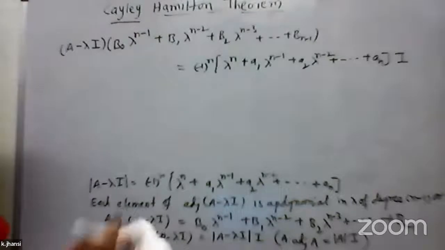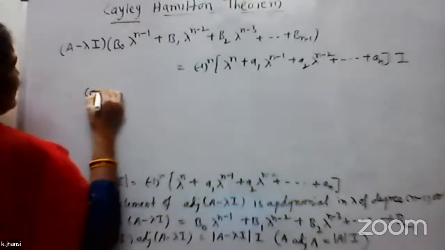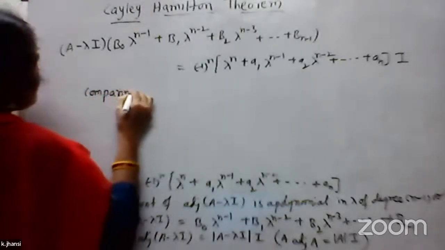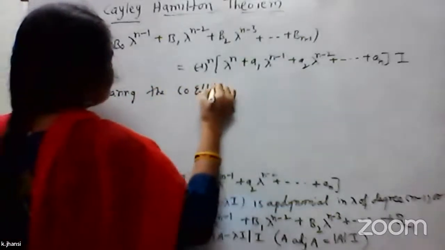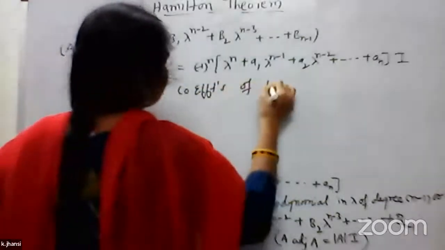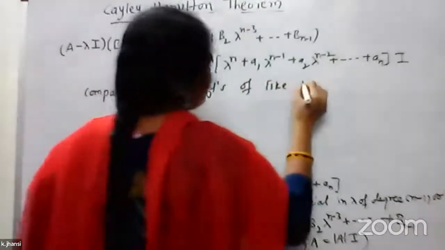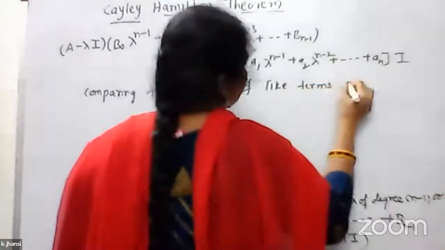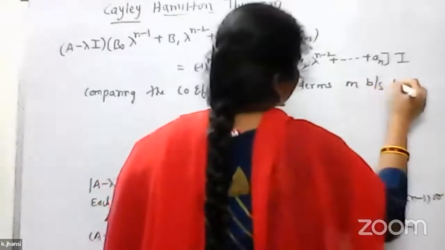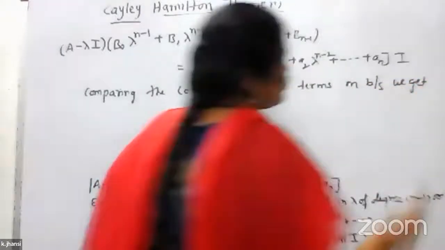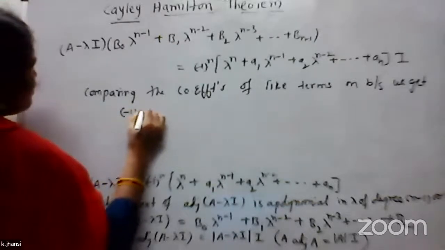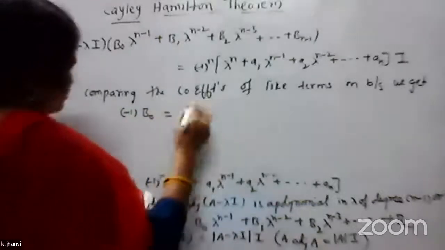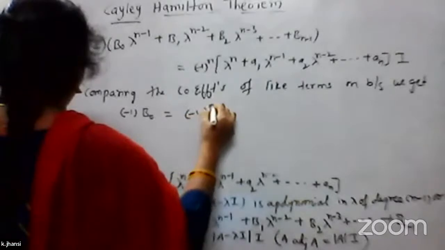After multiplying, whatever elements are on the left hand side, you equate the like powers on both sides. Here you can write: comparing the coefficients of like powers on both sides. So we'll get like this: minus 1 into b naught equals minus 1 to the power of n.